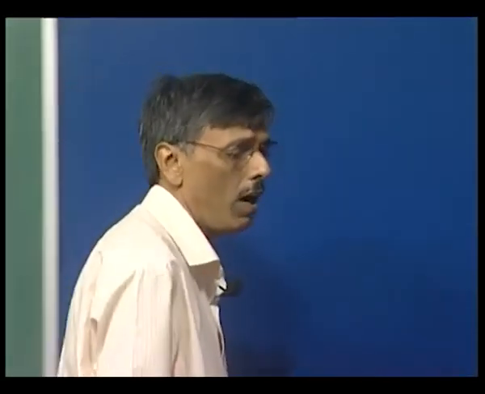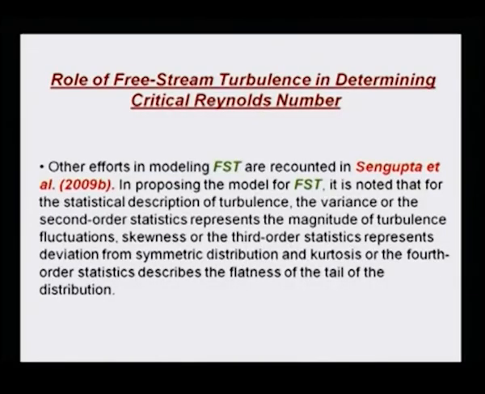So, let us now look at what we can do. In modeling the free stream turbulence, we note that the statistical description of the turbulence gives us various moments, right?